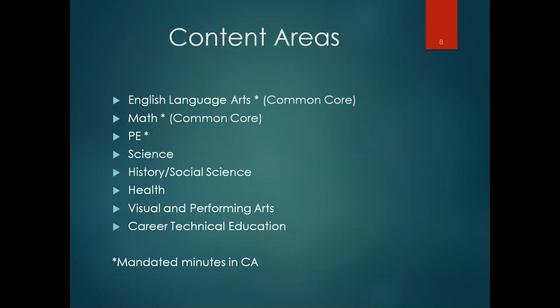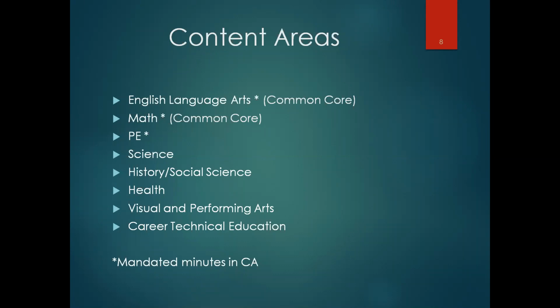The content areas that you are responsible for teaching are all of these right here. But you will see there's 3 with asterisks: ELA, math, and PE. Those are the only 3 that are actually required by law in California. Yes, PE is required by law. 200 minutes every 2 weeks. And most districts were sued by some guy out of Oakland, I don't know, 8 years ago or something.